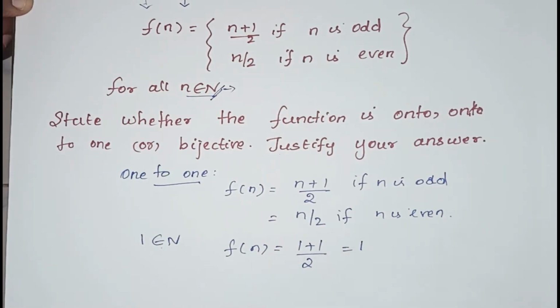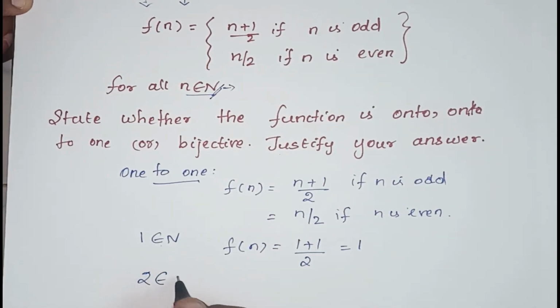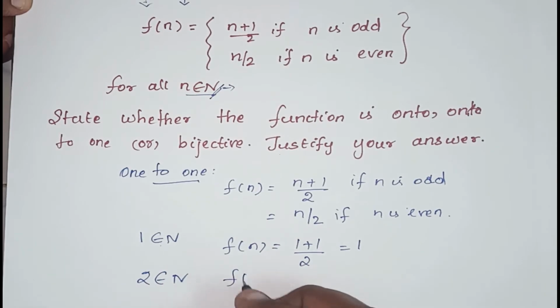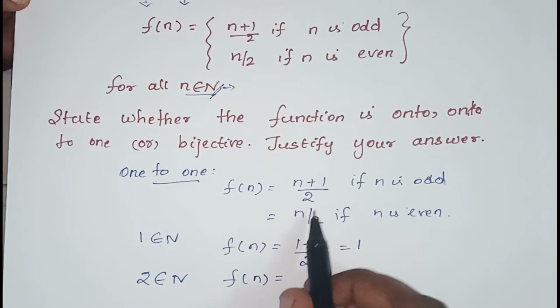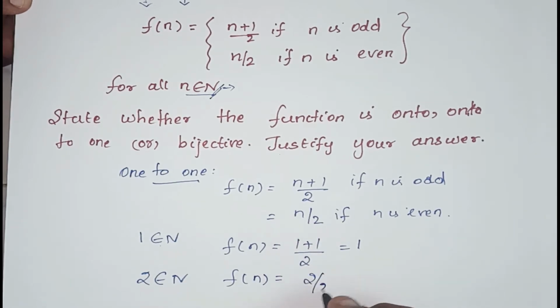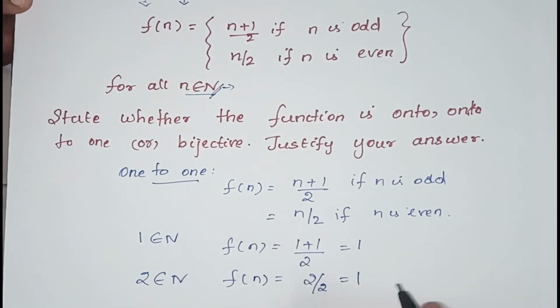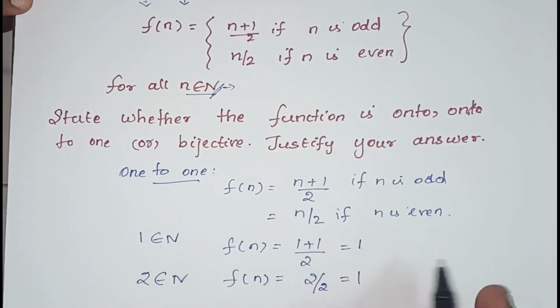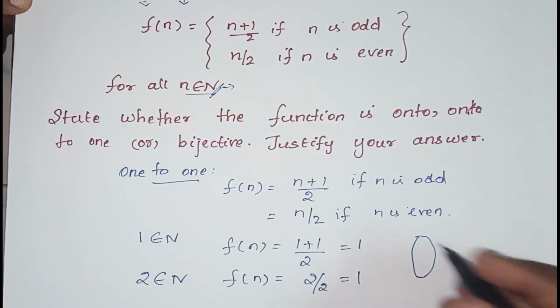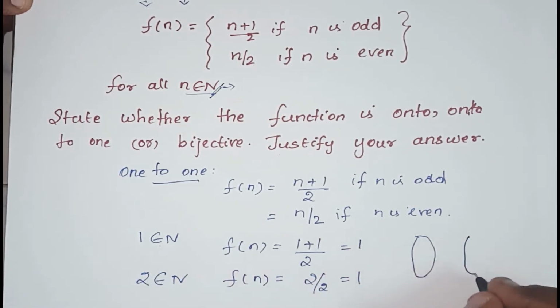If I take n even, for example 2, that also belongs to natural numbers. For even, f(n) = n/2, so 2/2 equals 1. So for two different inputs, we are getting the same output, right? I am plotting this in a diagram.